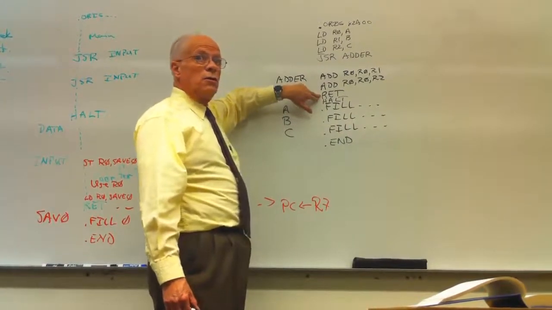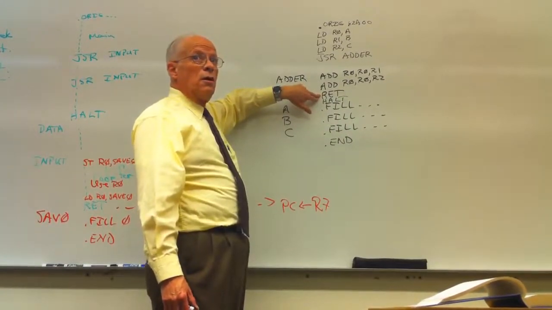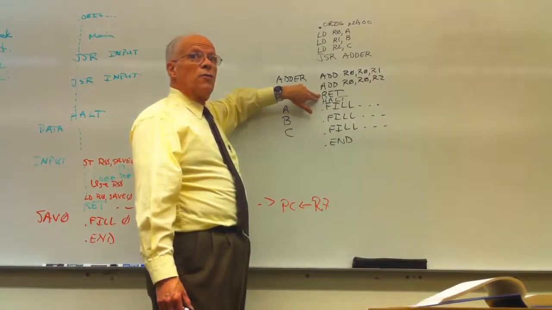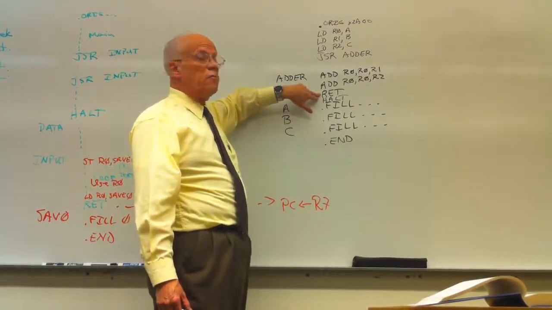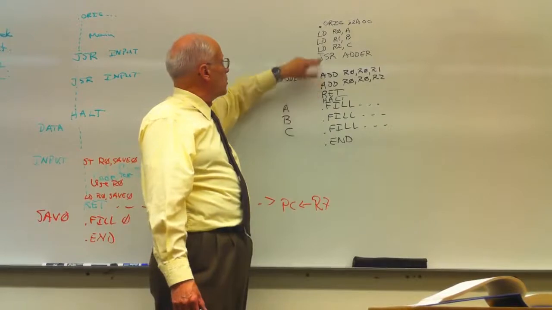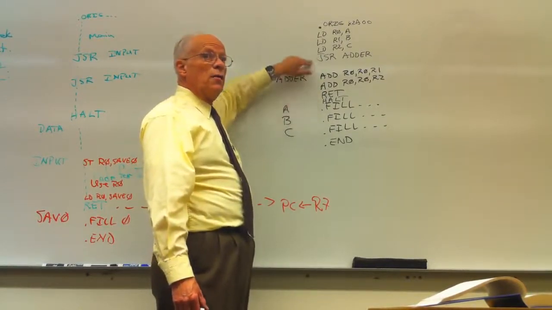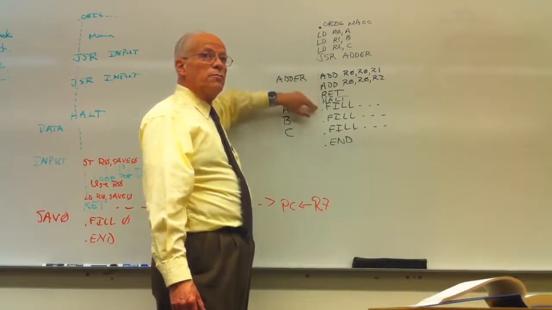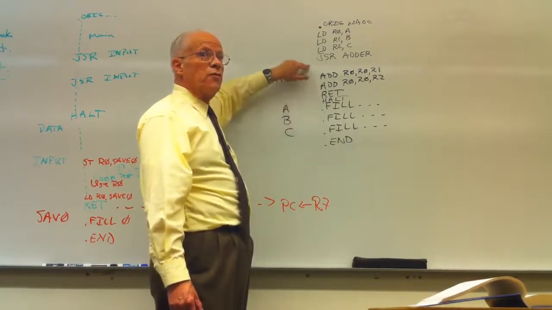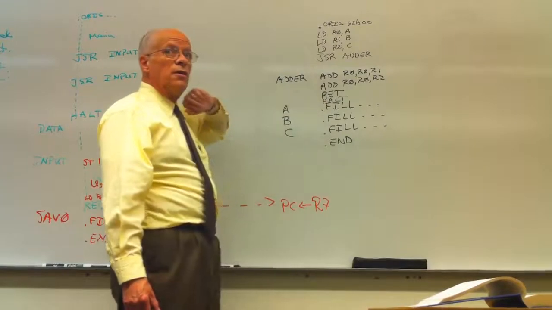Now what's it going to do? It's going to go to whatever's in register 7, and since I haven't modified it, it's probably still what was there when I did this, so it's going to go back there, and I'm going to end up in an infinite loop. Because register 7 is never going to get modified.